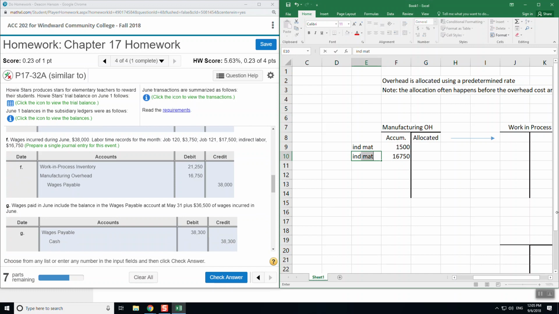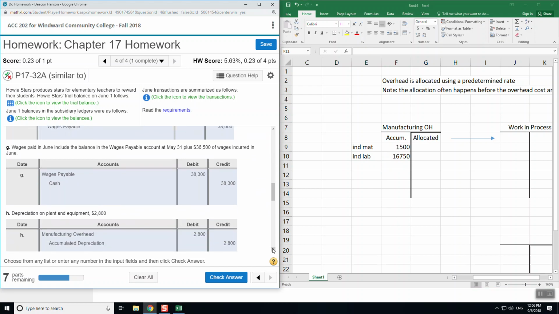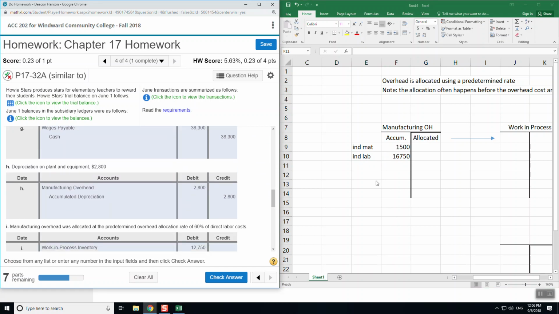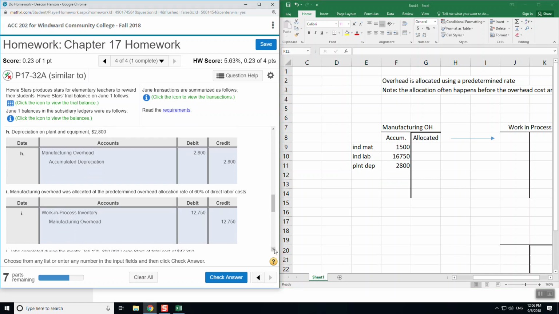That was indirect labor. Okay, and then we'll scroll down. We're looking for any activity in overhead. Oh, there was depreciation. Okay, 2,800. So this was plant depreciation. You see what I'm doing, right? I'm kind of posting, just looking at overhead. Because what I want to do is see how much was accumulated and compare it to how much was allocated. Okay, and I come down here.